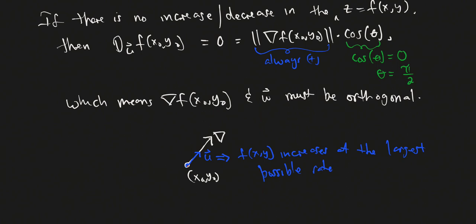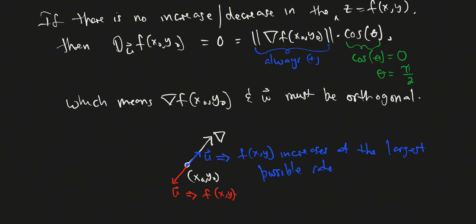If your u and del point in the opposite direction, so if that's your u, then we know the rate is going to be negative.